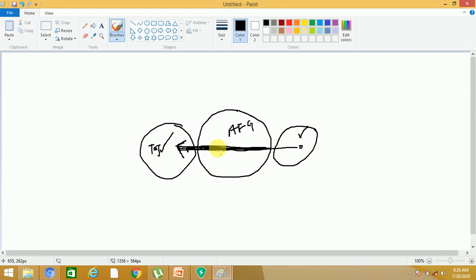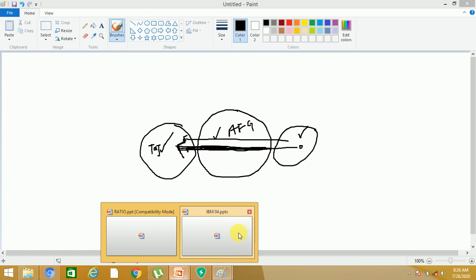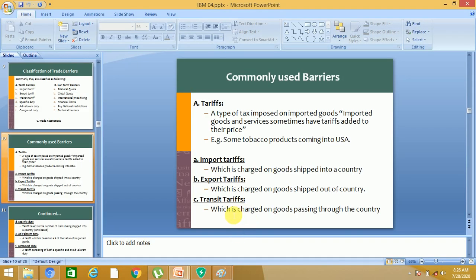When they use roads, they will use the roads of Afghanistan, so the government of Afghanistan charges taxes. Or if by airline they are sending goods to Tajikistan and using the airspace of Afghanistan, the government of Afghanistan charges tax. That is called transit tax or transit tariff, which is charged on goods passing through the country.